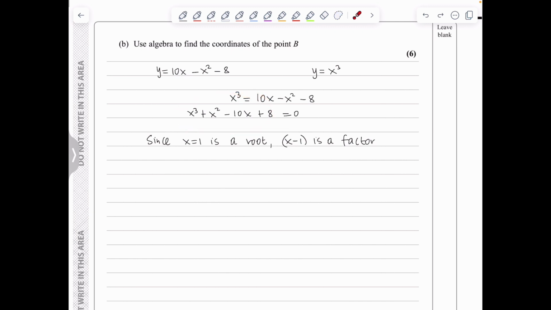So let's start by doing long division. Remember, I'm trying to match the highest order term on the left.